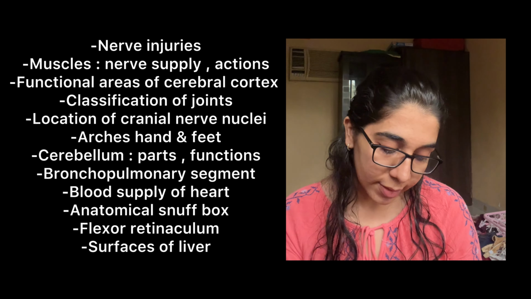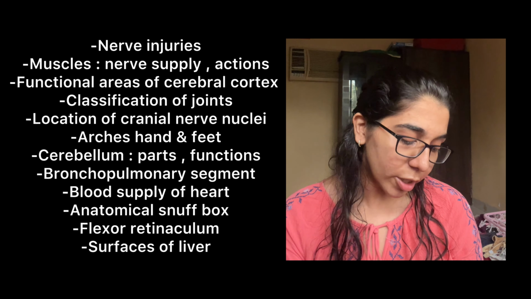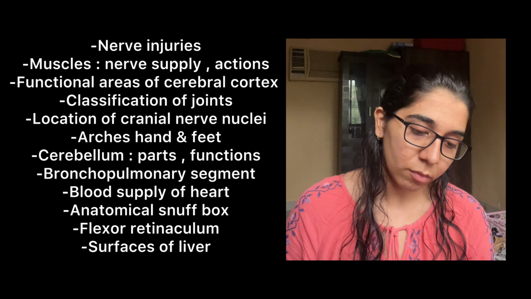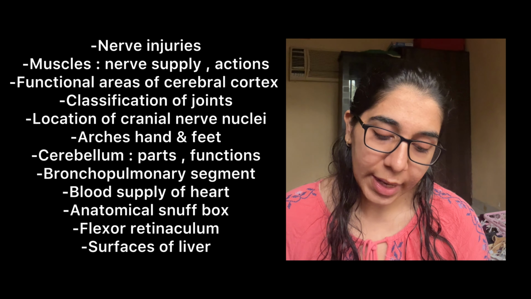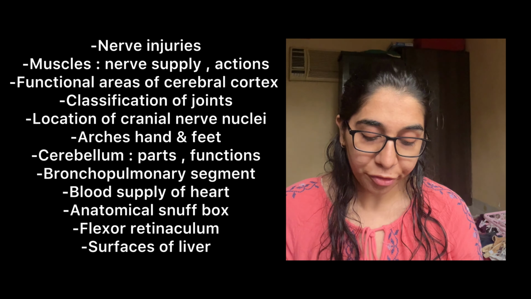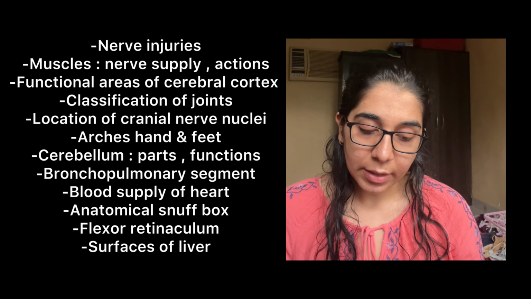So again, this is about nerve injury. Then next question, supply to the tongue affected by facial nerve palsy. So again, facial nerve, you need to know the muscles supplied. That is it.